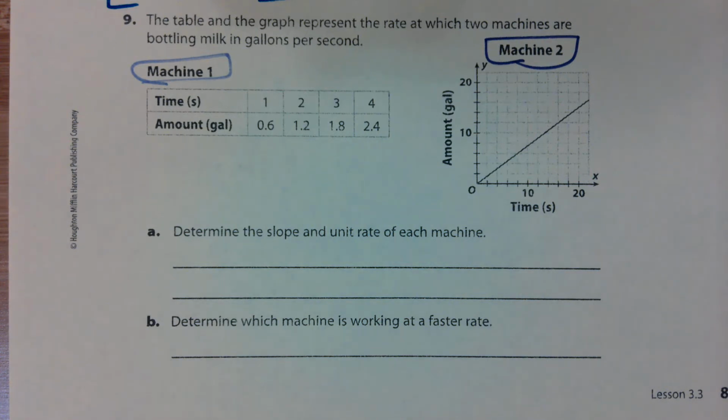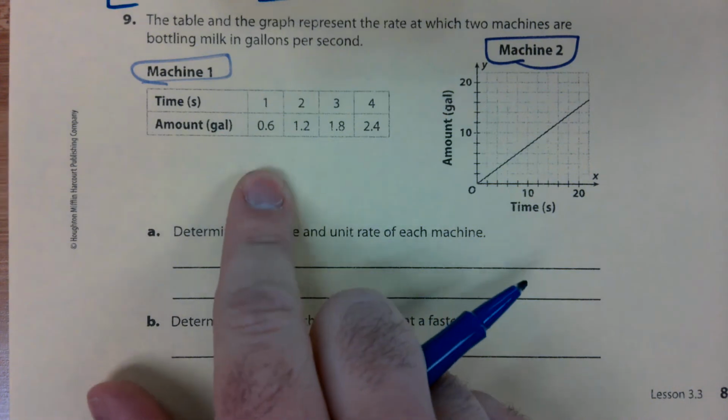And this table and this graph represent how fast these machines are bottling milk. So we have to determine the slope and the unit rate of each machine. Those are the same thing. We just have to find M. And then we're going to determine which one is working faster. So this one's a little bit different, but we're just doing the same thing twice, and then we're going to compare.